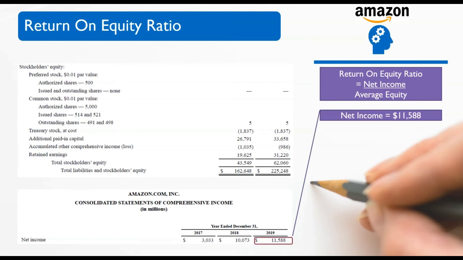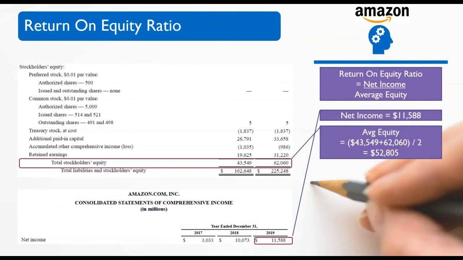Here, we can see Amazon generated net income of $11.6 billion. And we can see the average equity amount for the year. First, we'll take $43.5 billion, add that to $62.1 billion of ending equity, take the total of those amounts and divide it by 2, and that gives us an average equity amount for Amazon of $52.8 billion.